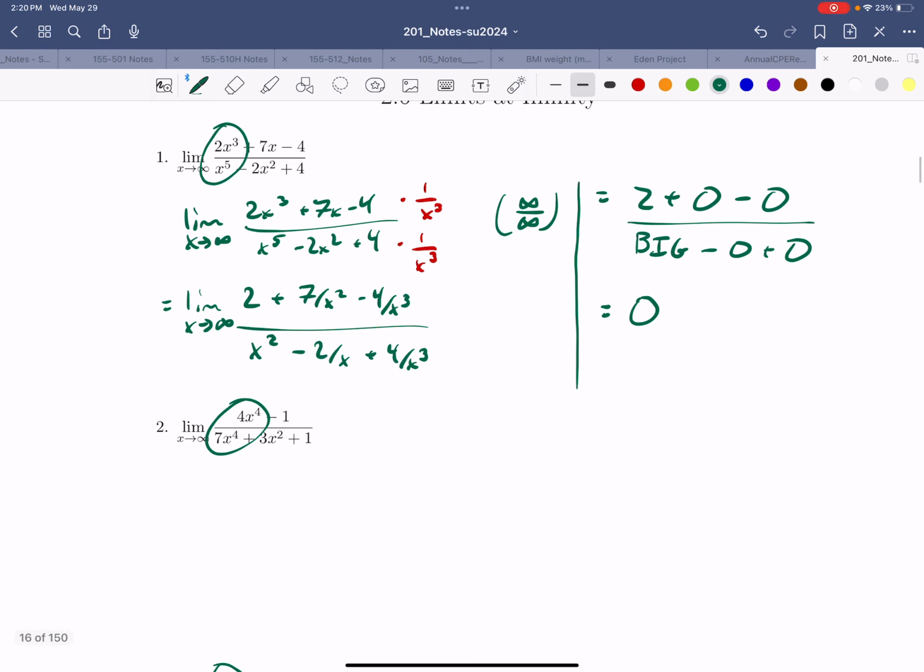Let's look at the next example, right? The power of the leading term in the top equals the power of the leading term in the bottom. So what we're going to have is, again, an indeterminate form.